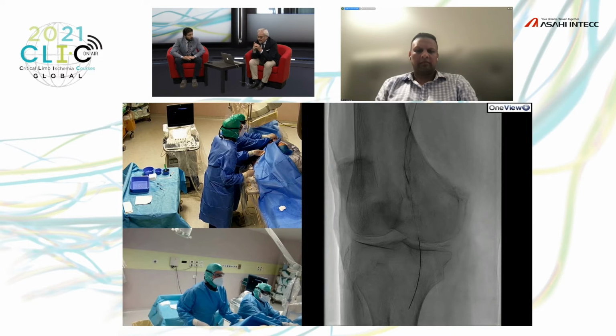So the great capability of this wire is to maintain the possibility to change the direction, and the torque is 1-to-1, so you have to be very, very delicate in the manipulation, because if you rotate too much, sometimes it's difficult to change the direction and to proceed in the new direction you have chosen.